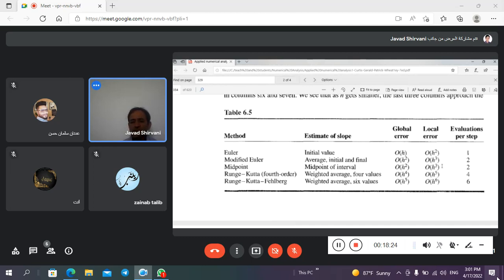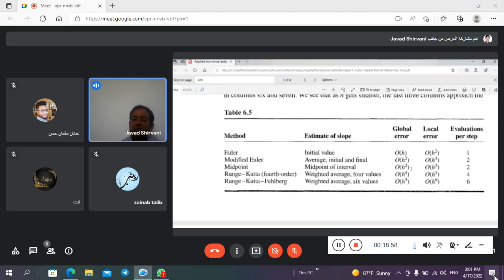Global error, when you repeat this for multiple steps, y1, y2, y3, and so on, we have a global error. It's obvious that the global error is less accurate than the local error. For example, we have local error O(h^2) for the Euler method, which is obvious.